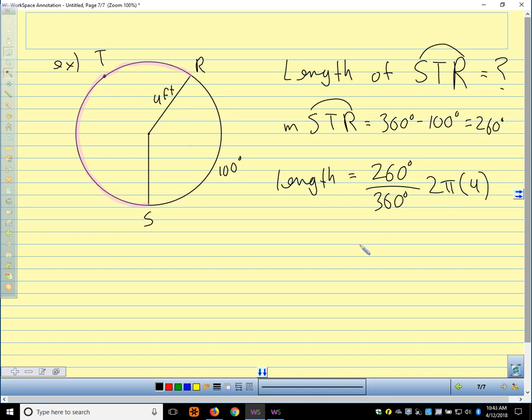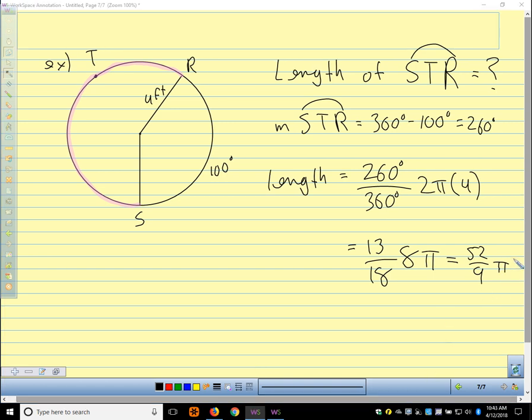Well, 260 divided by 360, if I reduce that fraction, that's 13/18 times 8 pi. 2 times 4 is 8. And I can reduce 13 times 8 over 18 to 52/9 pi, if I wanted an exact answer. And that would be in feet.